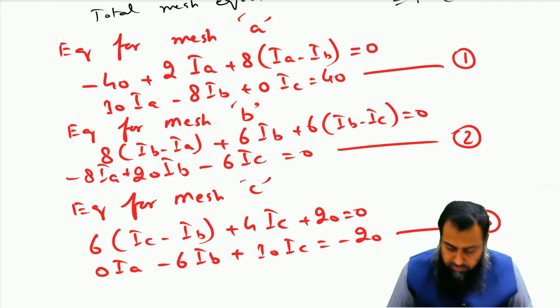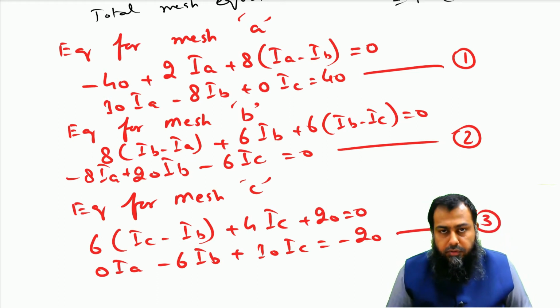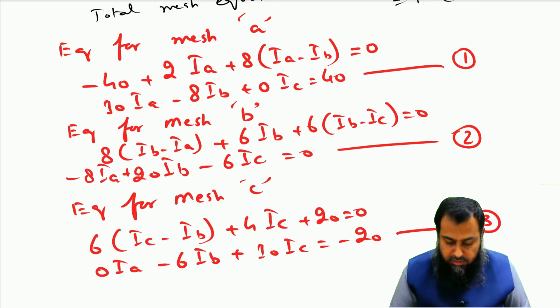Now that we have three equations and three unknowns, we can adopt Cramer's rule using the matrix. We first need to rearrange these three equations in terms of a matrix, and thereafter we can solve it.